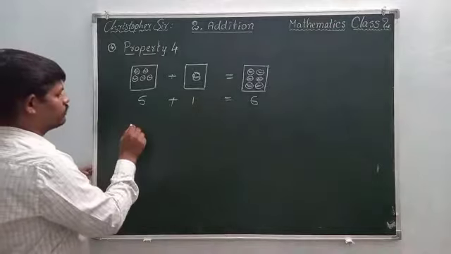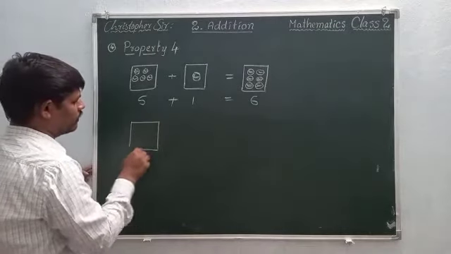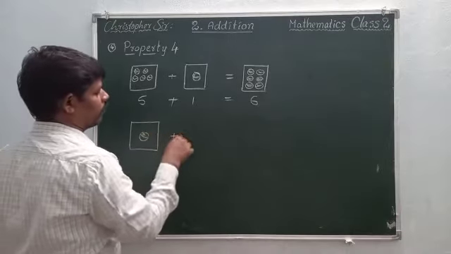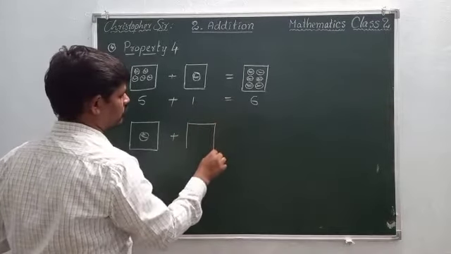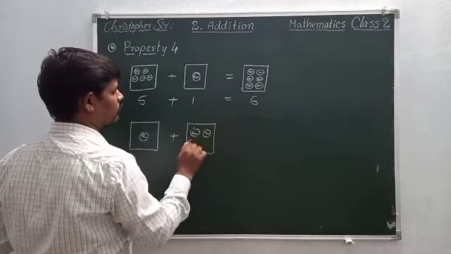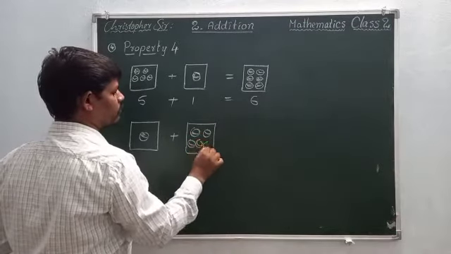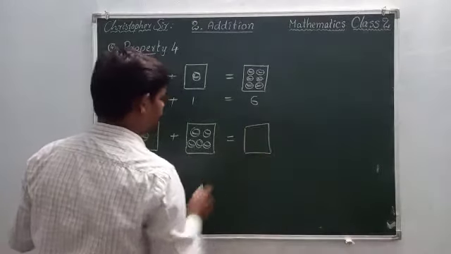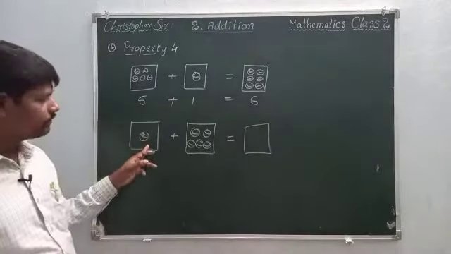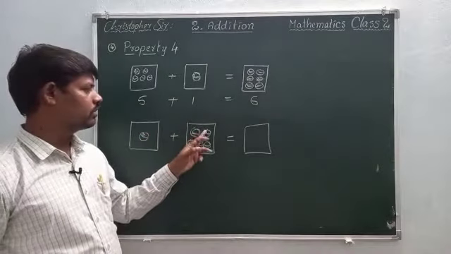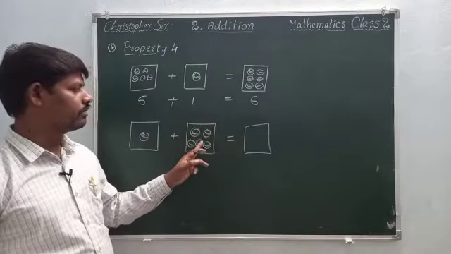In another way, you can take one ball in the first box plus in the second box you can take 5 balls. Then add, how many balls will you get? Here 1, here how many? 5 are there. 1, 2, 3, 4, 5, 6.